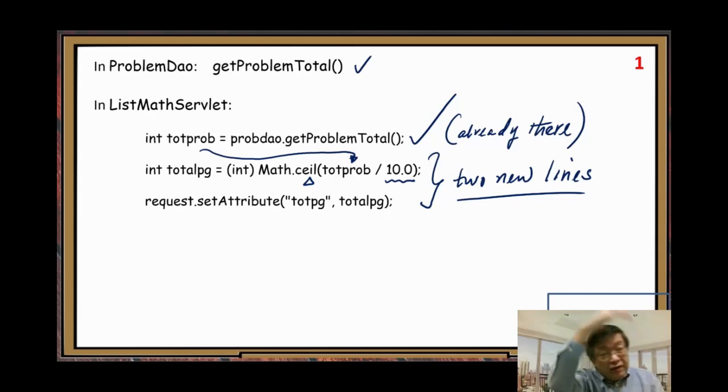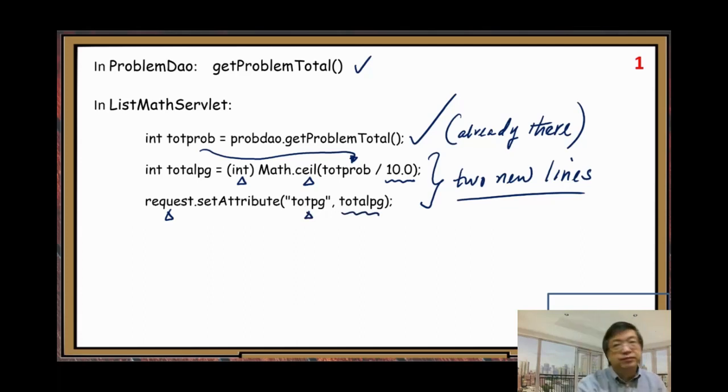Then we take the ceiling function, get the integer value. After that, we store it in the request scope. We need to send it to JSP, list.jsp to display. So we put it in the request scope with the attribute name total page, and store the value from this variable.